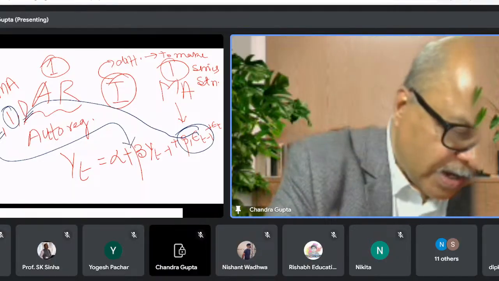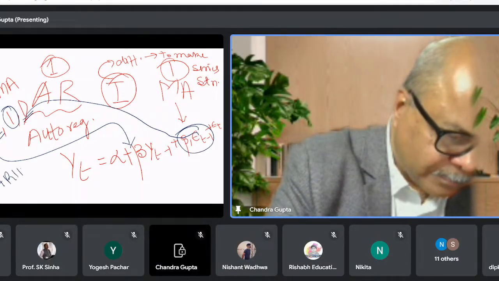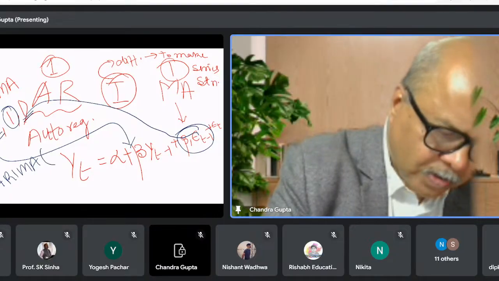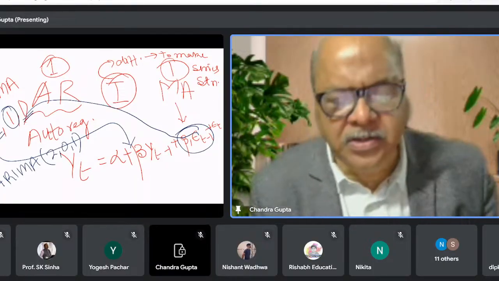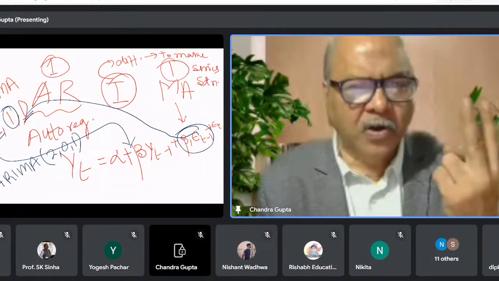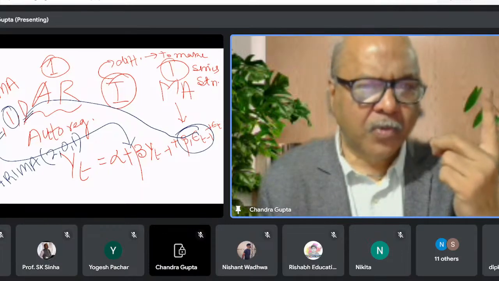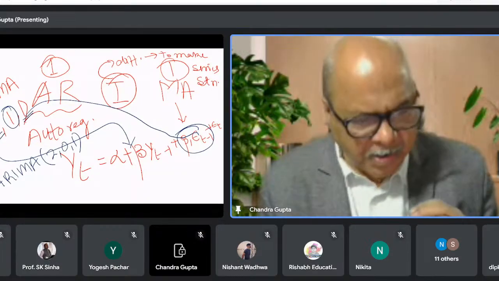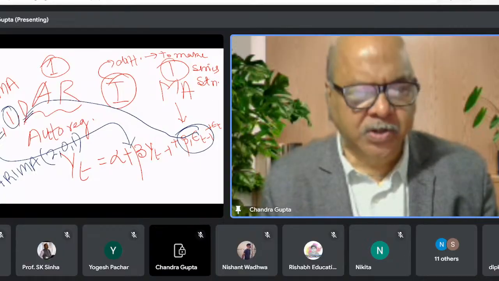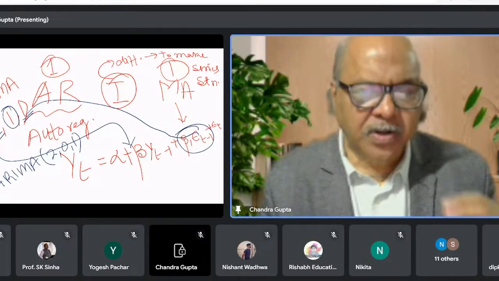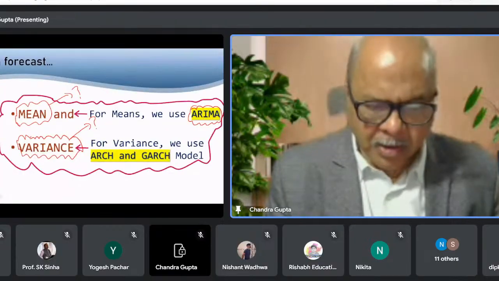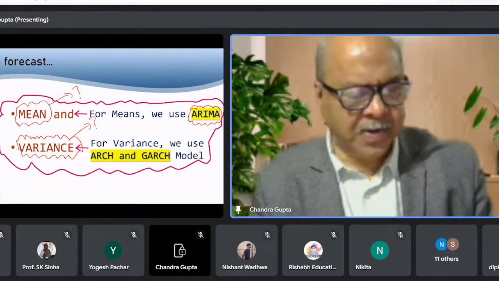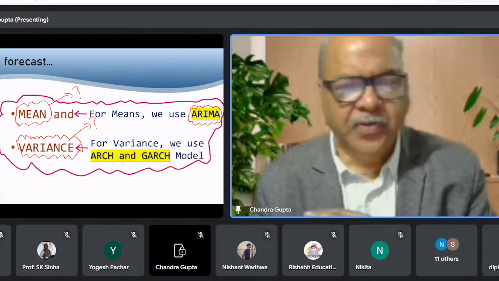So if you write ARIMA 2, 0, 1, that means no need to take any difference because series is already stationary. Take two terms of autoregressive and one term of moving average. Use this model and make a prediction for the mean of your series. Okay. Friends, we don't have much time, otherwise I could go into details of ARIMA.